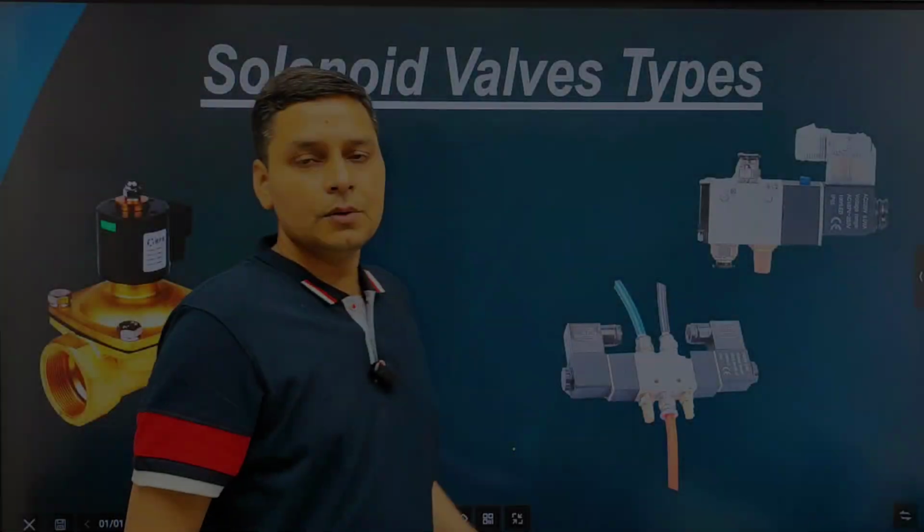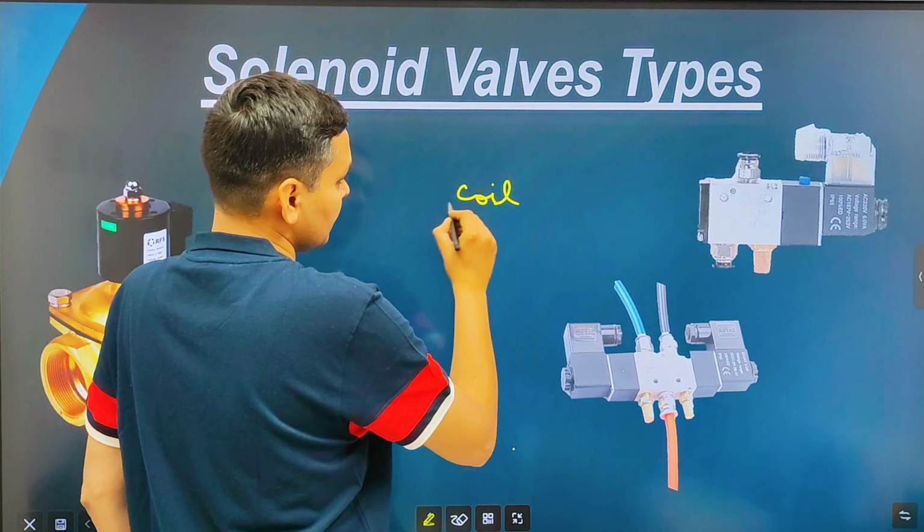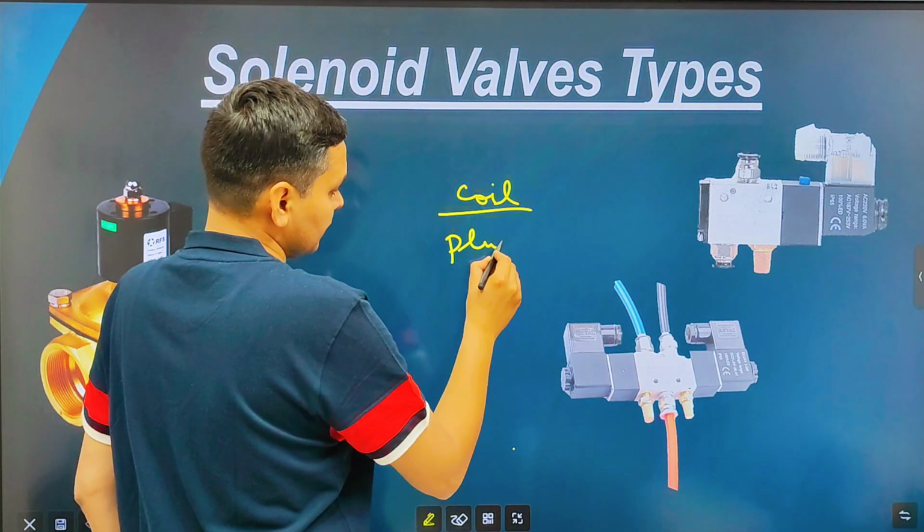Today we are going to discuss solenoid valve types. If you are an engineer or a technician, you must know the importance of solenoid valves. Look friends, a solenoid valve is a valve and it has a coil and a plunger.